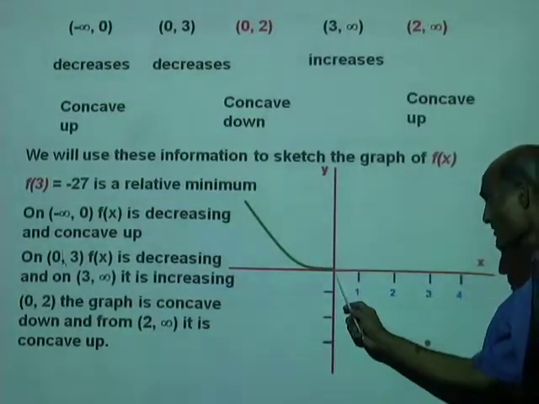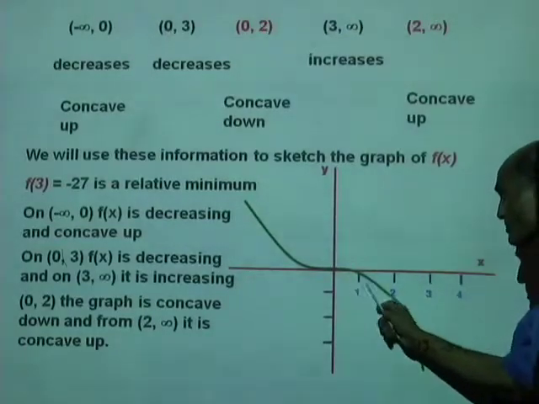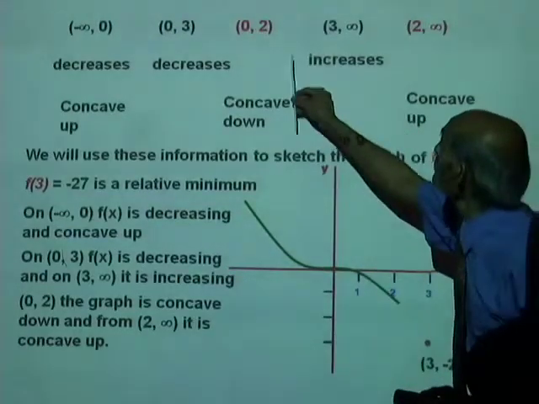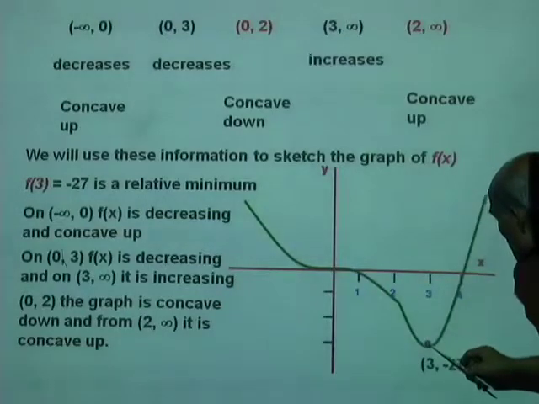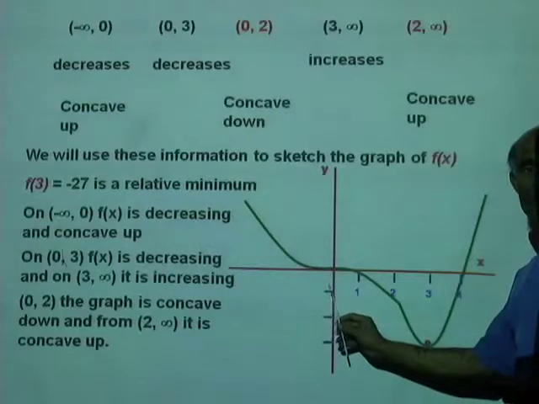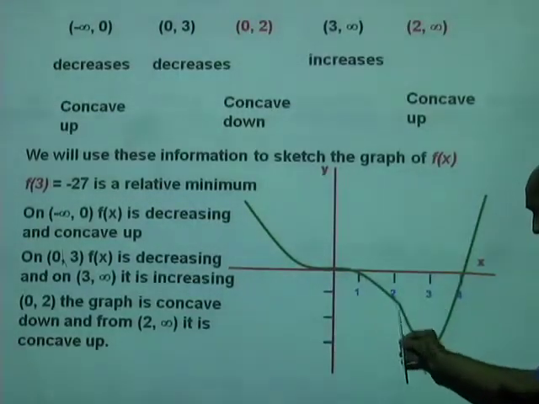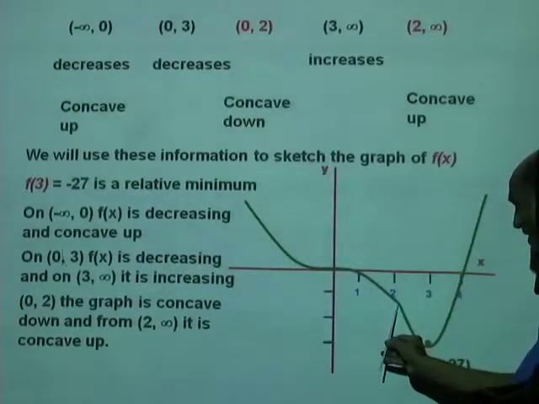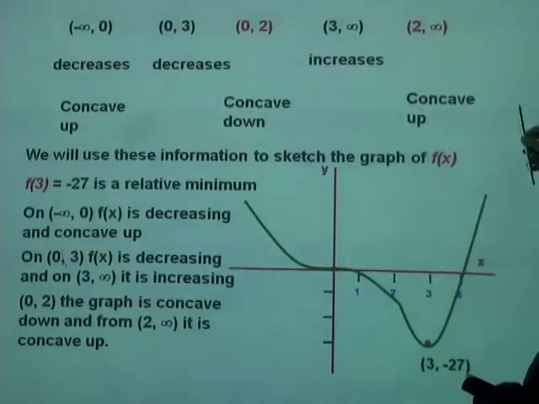So you have a graph that is decreasing and concave down up to x equal to 2, and from 2 onwards it is concave up. But from 2 to 3 it is decreasing, and then it is increasing. Look at that again. From 0 to 3 the graph is decreasing, but from 0 to 2 it is concave down, and from 2 onwards it is concave up.